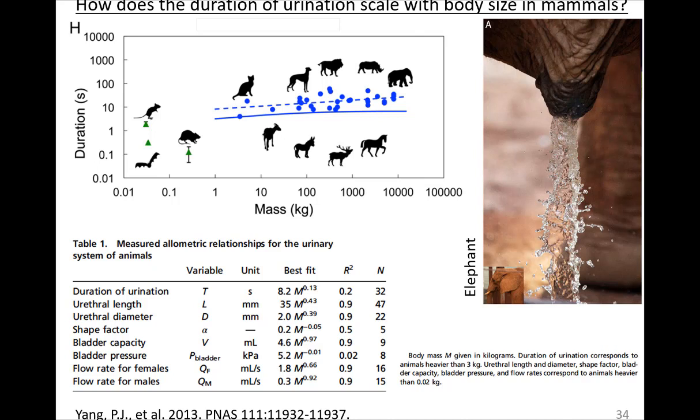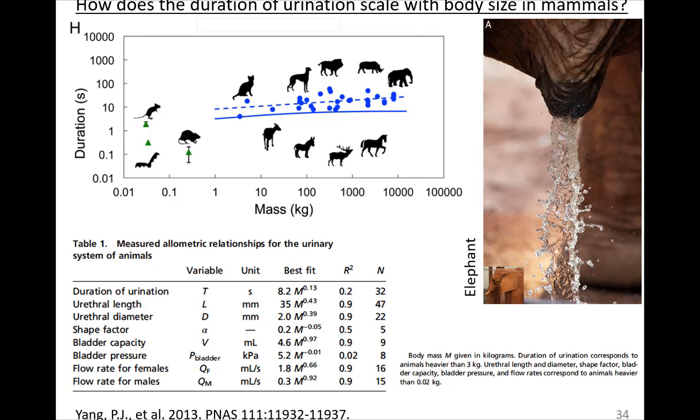Now what if we think about a 9,000 kilogram elephant doing the same thing? If it peed for 1/2 a second or 1/3 of a second per kilogram, that'd be something on the order of 3,000 to 4,000 seconds. How many seconds in a minute? 60. How many minutes in an hour? 60.